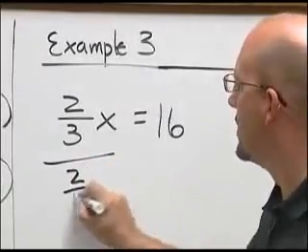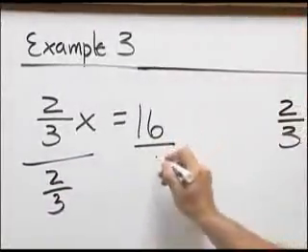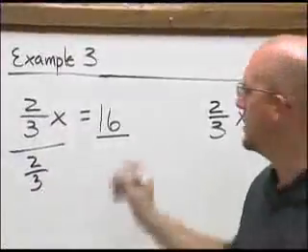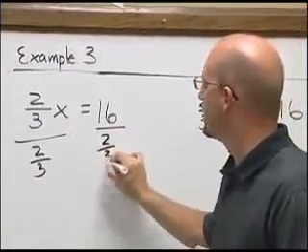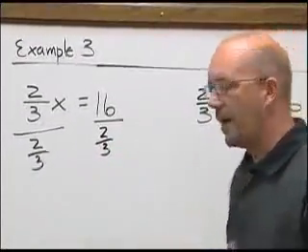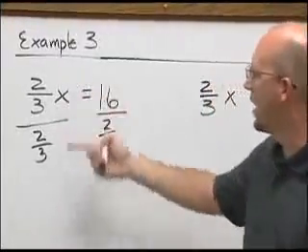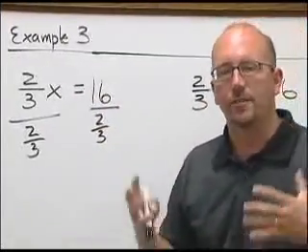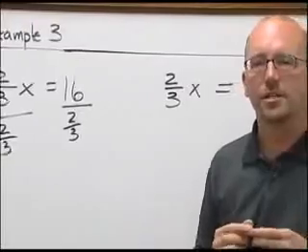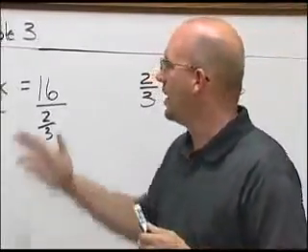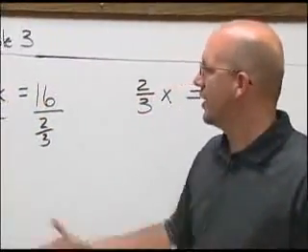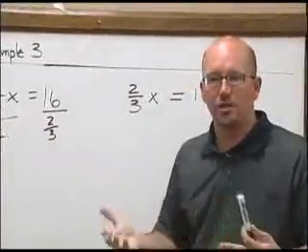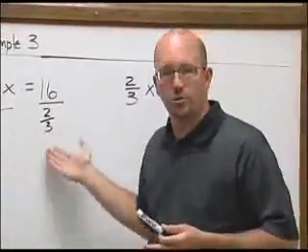And we would divide this side by 2/3. Must do the same thing to both sides. We would divide this side also by 2/3. Now I don't know about you, but this is kind of an ugly algebraic mess here, and not extremely easy to do. So let's look at a way we can handle this fraction easier than dividing both sides by 2/3, which is correct and which will work.